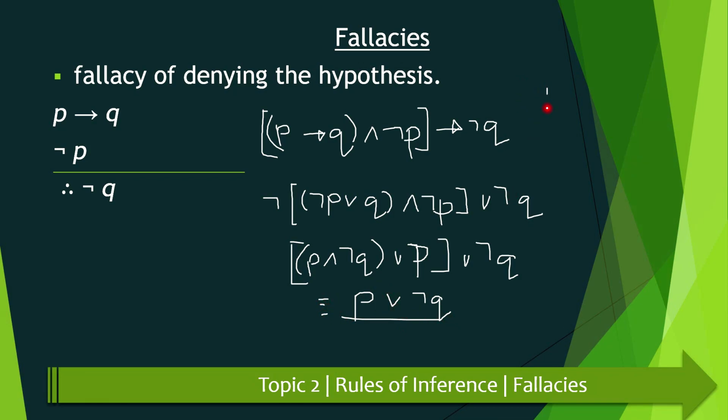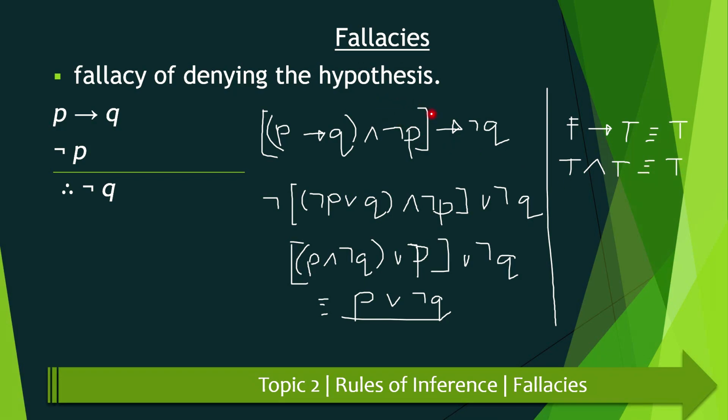Now if we're going to solve this one using the truth table, P implies Q: P is false, so F implies Q, which is true. So F implies T, it is T. So T and not P, which is T, this is also true.